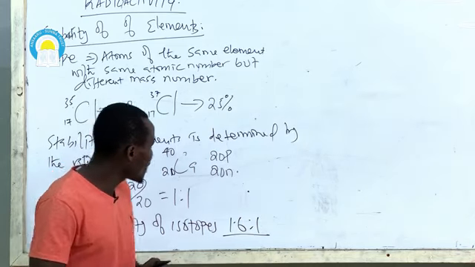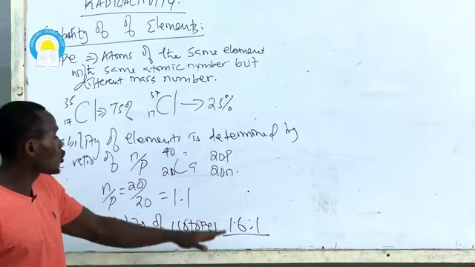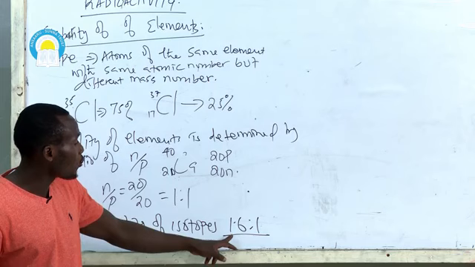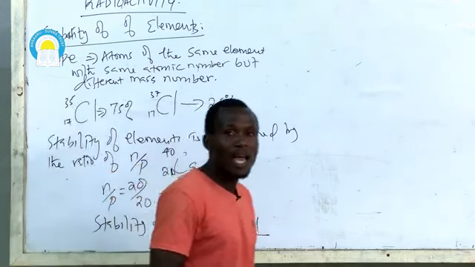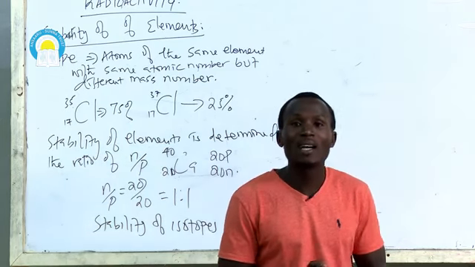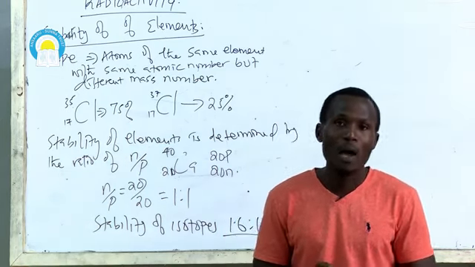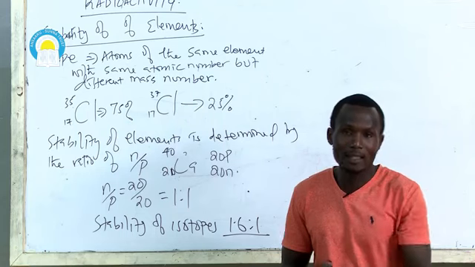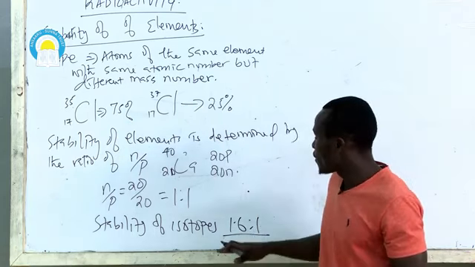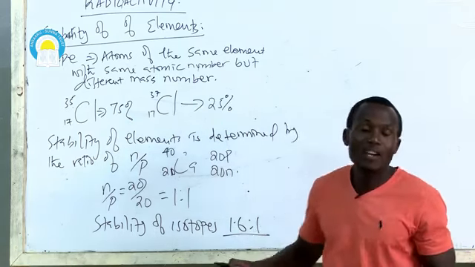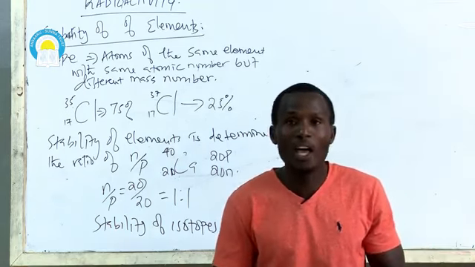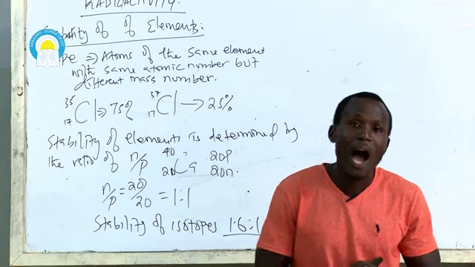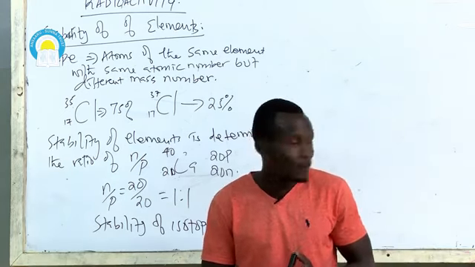So if the ratio of neutrons to protons is within the range of 1.6:1, then we say that that element is still stable. But if it becomes bigger than this, then that shows that that element is unstable, and we say that it is a radioactive element.